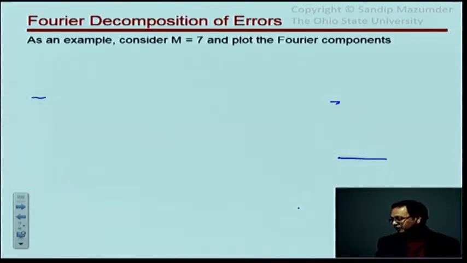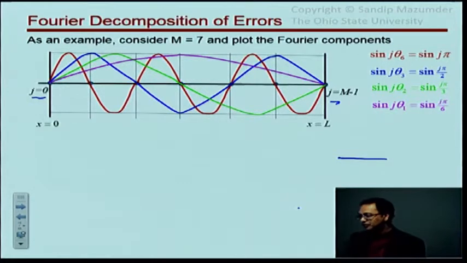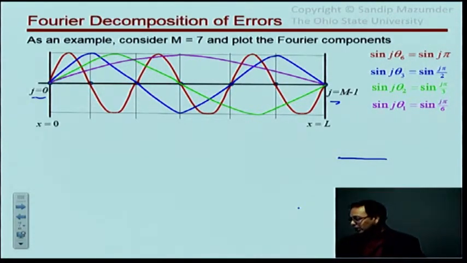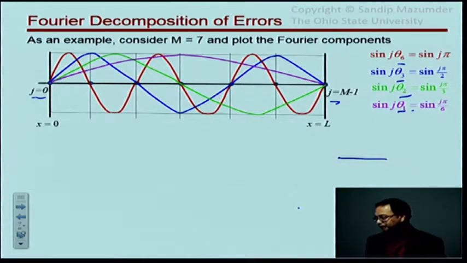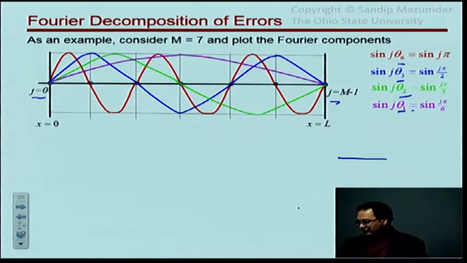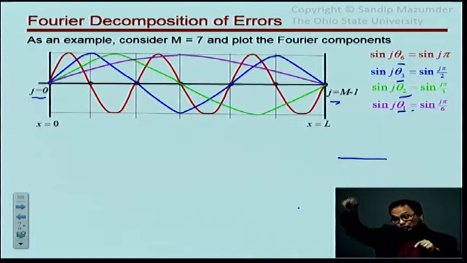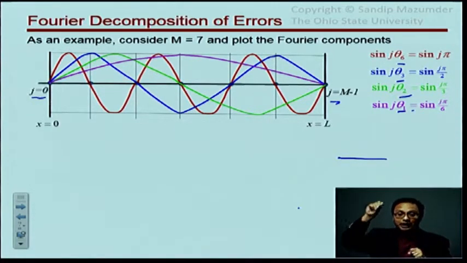Here I have plotted just 4 of those 6 waves. I've plotted theta 1, 2, 3, and 6. Theta 1 is this big pink wave which connects the 2 ends. Think of these as strings vibrating. Theta 6 is the one that basically has a 0 value at all the nodal points.